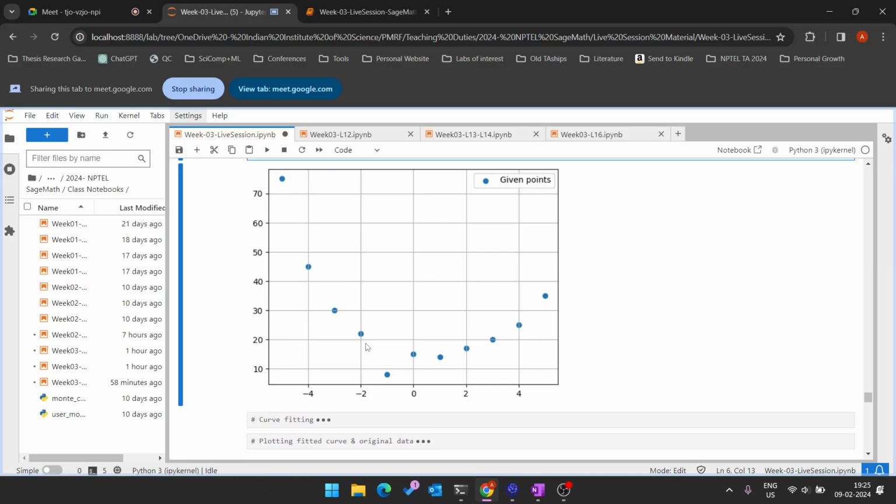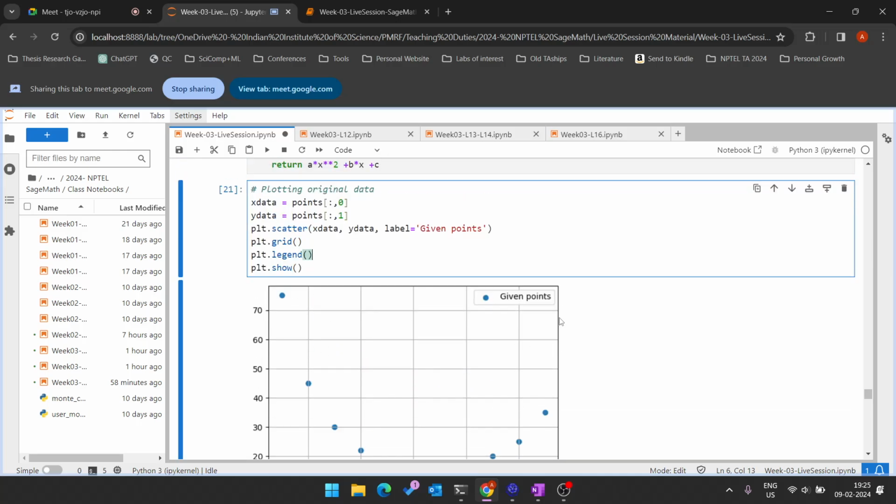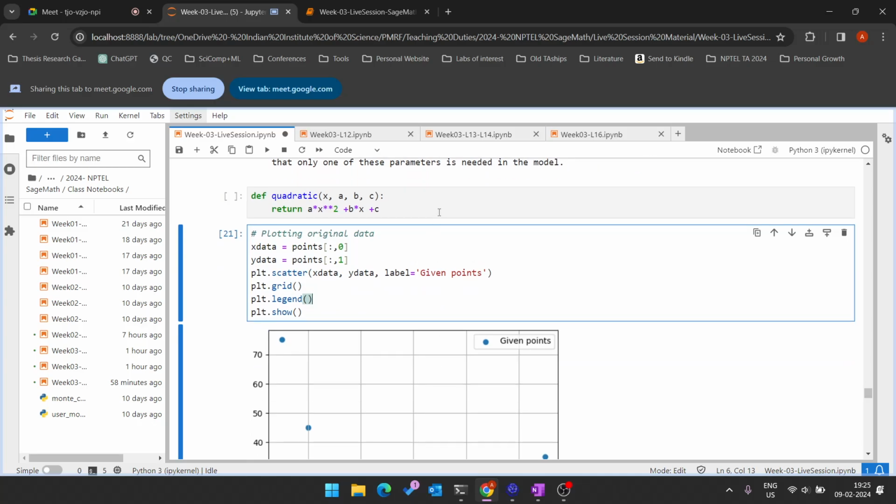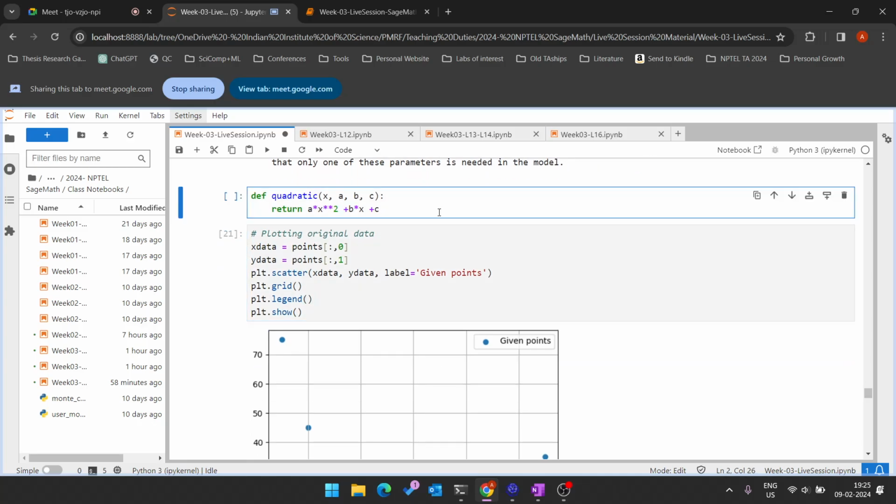You can see our curve seems to follow a trend like this, which is why a line may not be a suitable option. We have chosen the quadratic function to be our choice of function form which we want to fit our data to.